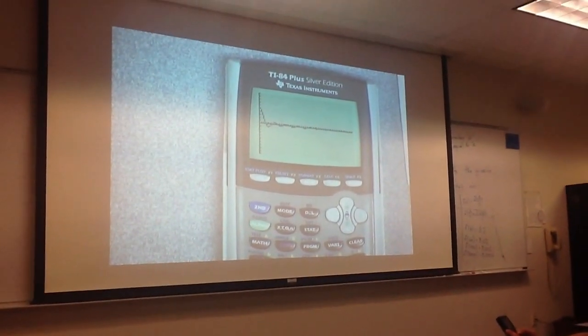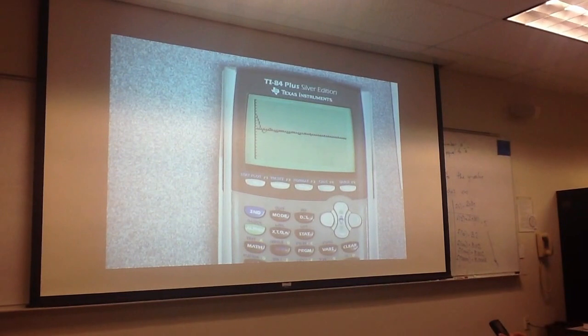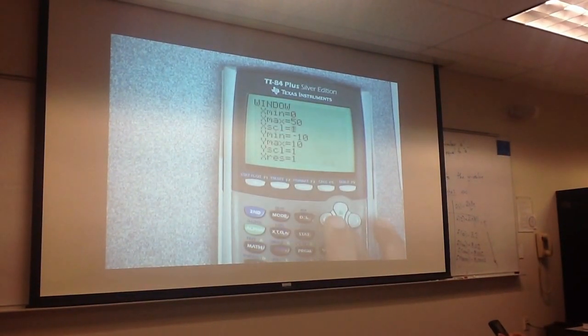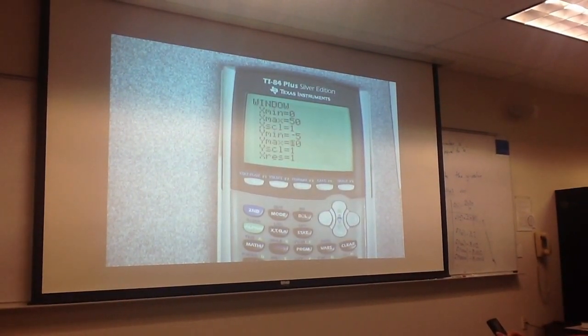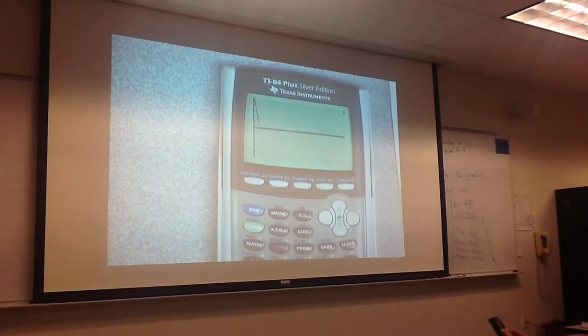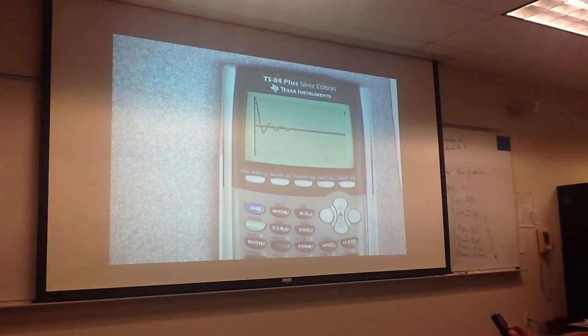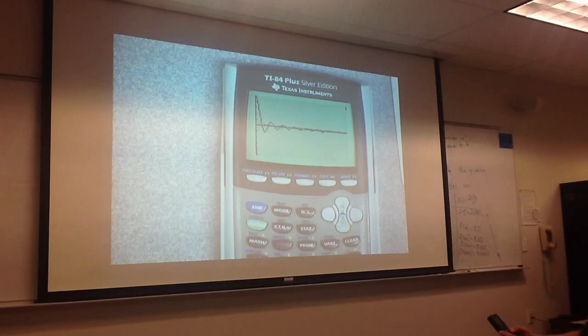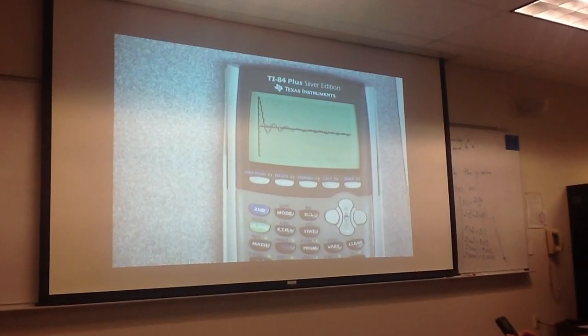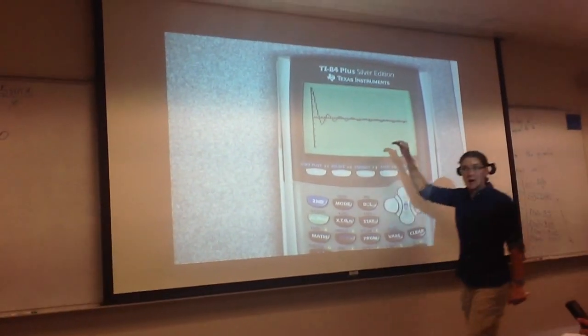Well, it kind of got eaten up by the x-axis, so I'm going to change my y values there. Maybe I'll change my window from a y minimum of negative 5 to a y maximum of positive 5. Still kind of got sucked into our x-axis.